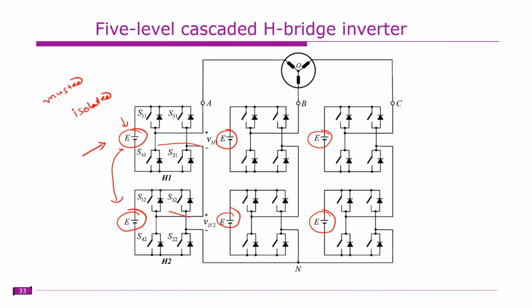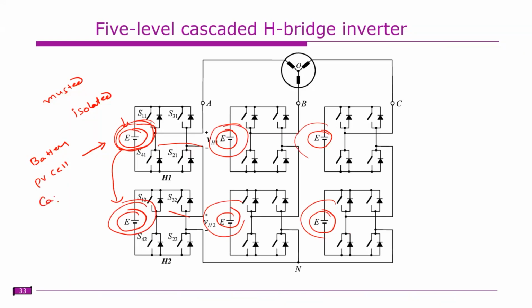So these are most probably batteries, or they may be generated from a PV cell. This is one PV panel, this is another PV panel, likewise.